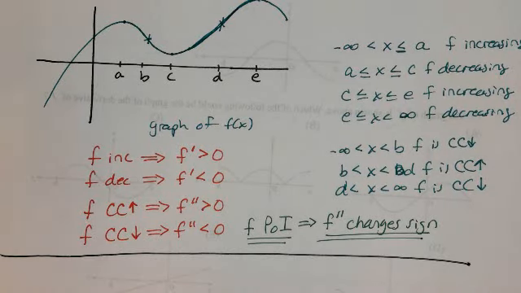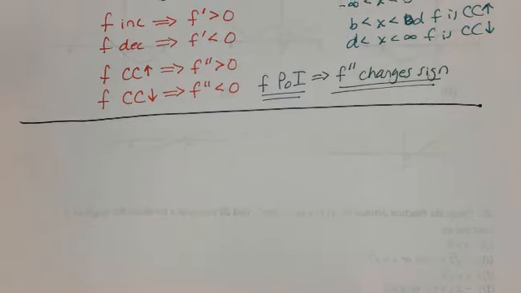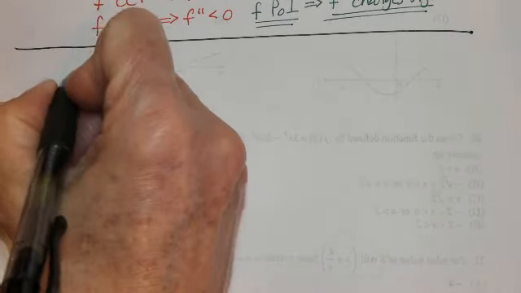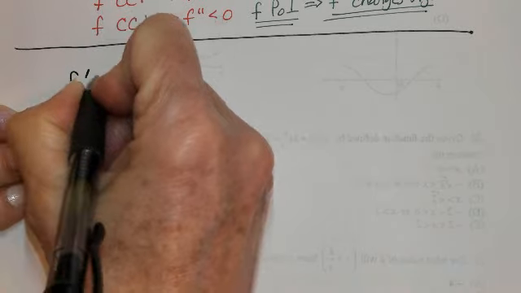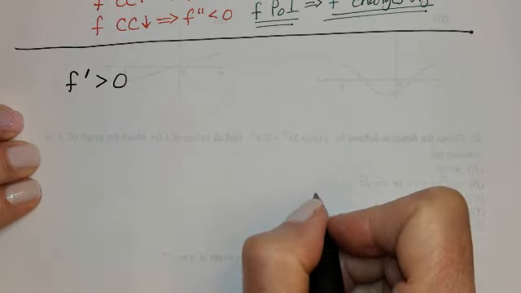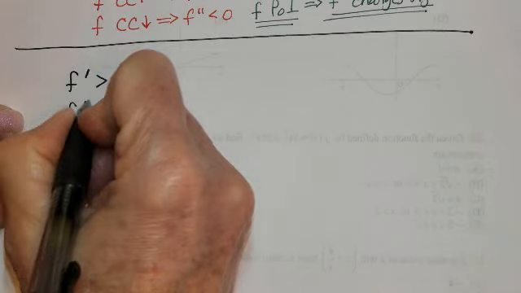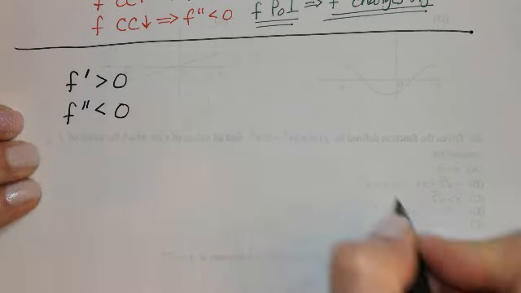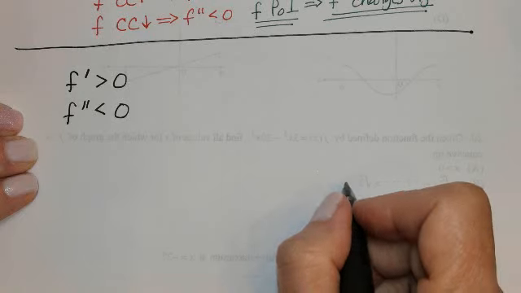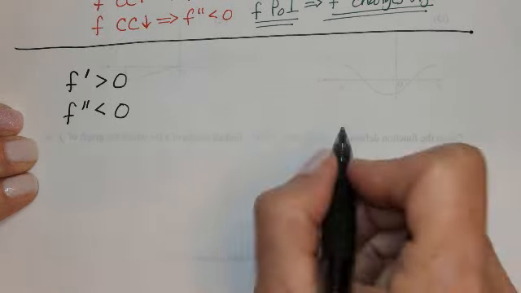Let's just take a look at something here. If I said that f prime is positive, and if I said f double prime was negative on a certain boundary, let's just start by saying all the time.